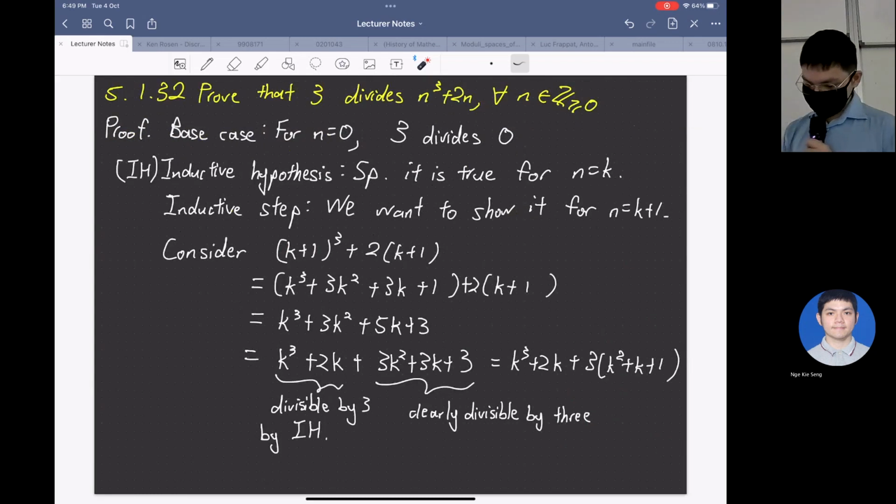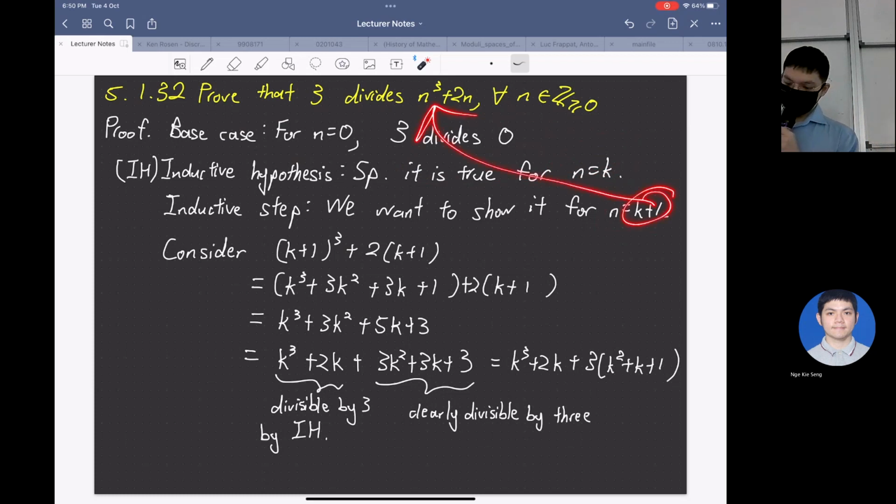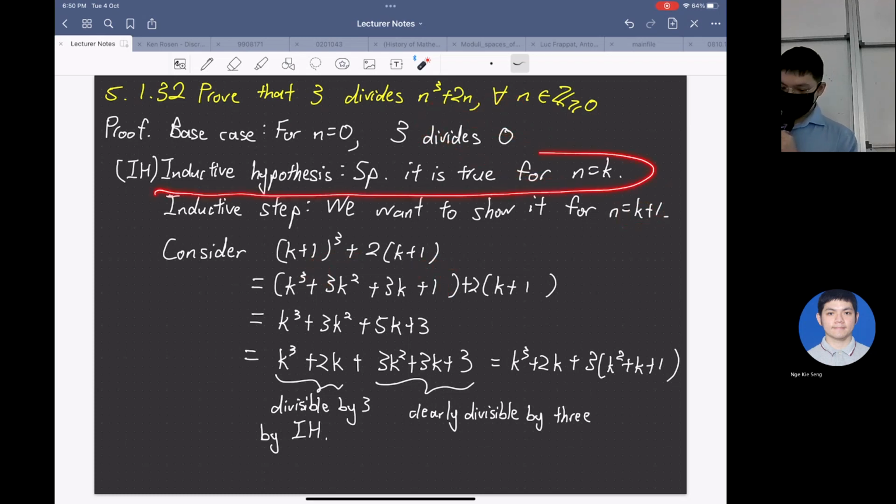5.1.32. The question is about division, and we prove it by induction, because it is true for all n in the integers. When n is 0, everything divides 0, so this is always true. Secondly, suppose it's true for n equals k, and then prove it for n equals k plus 1. You substitute k plus 1 into it and try to find your inductive hypothesis back.